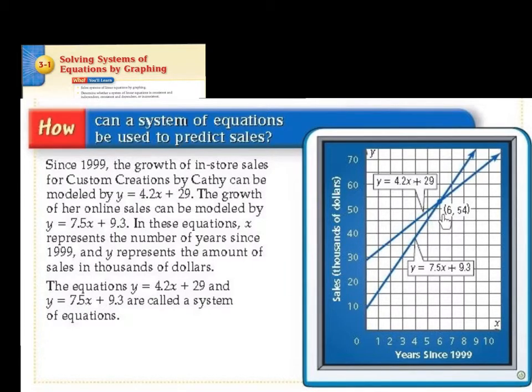The equations y equals 4.2x plus 29 and y equals 7.5x plus 9.3 are called a system of equations. They have solved it graphically for us because that's where the two lines cross. The ordered pair (6, 54) is true for both equations.